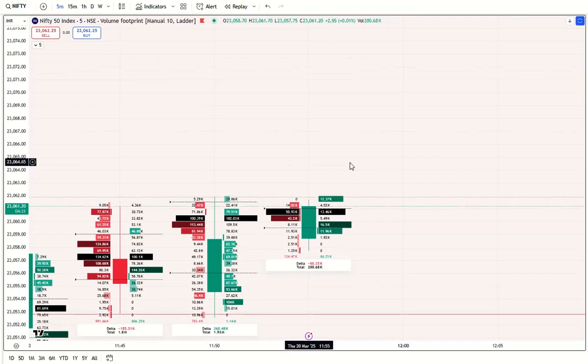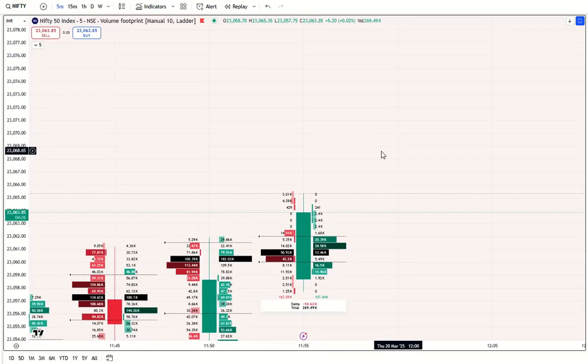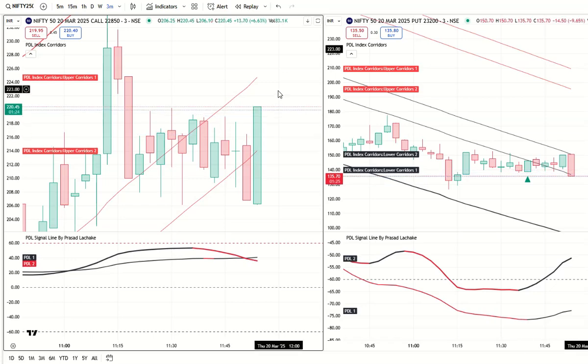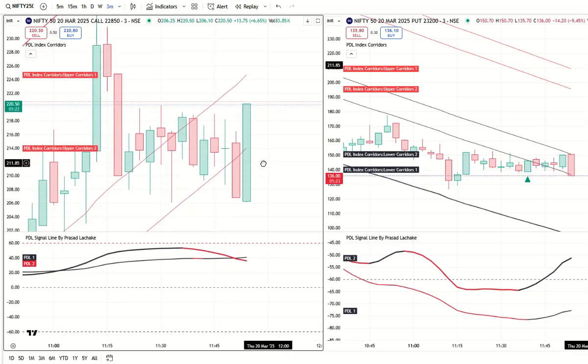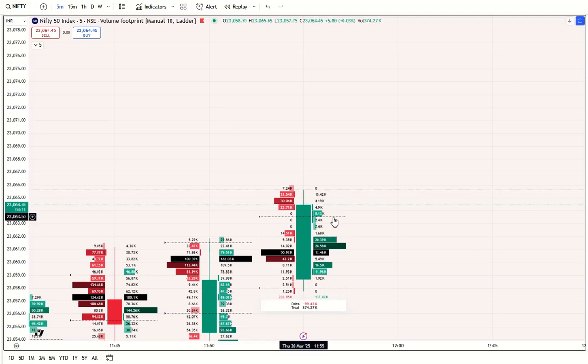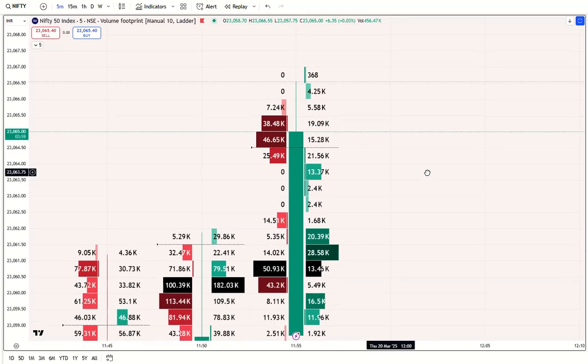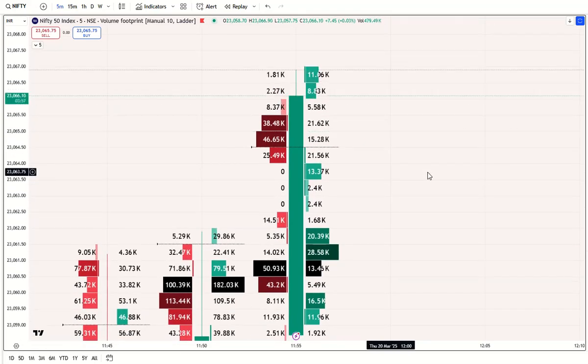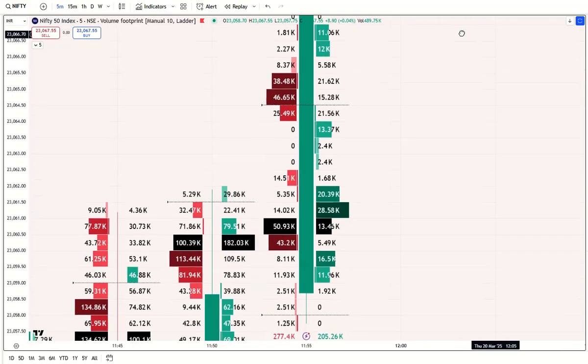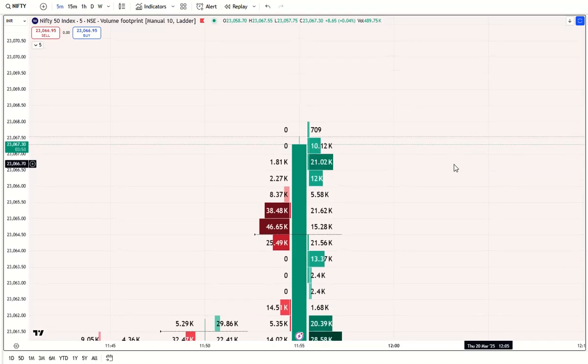At least it should test 23,080, right? I'm here. You look at this candle. This will give a strong base. Now that should push the price up, further up. You look at this candle. This is what exactly we need to understand.